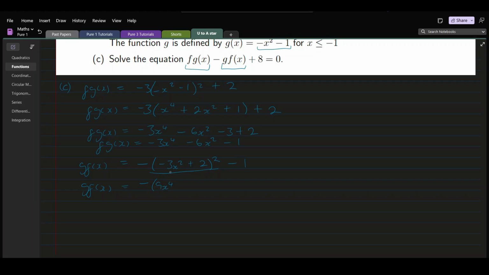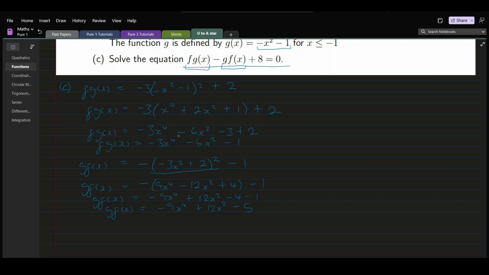And then we have 2 times negative 3x squared times 2, which gives us negative 12x squared. And then we have 2 squared, which gives us 4 minus 1. So gf of x is equal to negative 9x to the 4 plus 12x squared minus 4 minus 1. gf of x is equal to negative 9x to the 4 plus 12x squared minus 5. Now that we have fg of x and gf of x, we can now solve the equation.